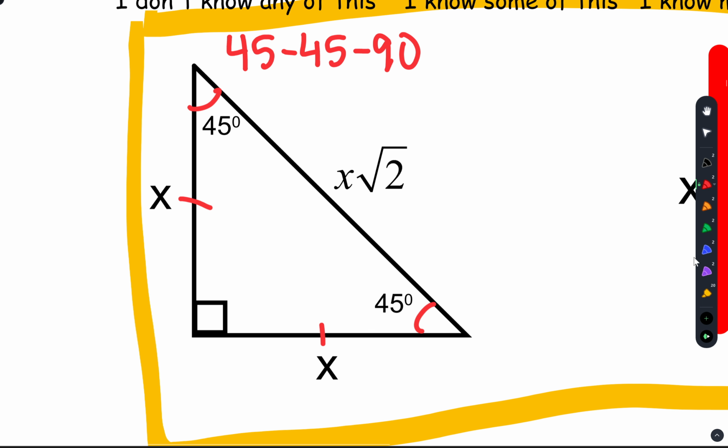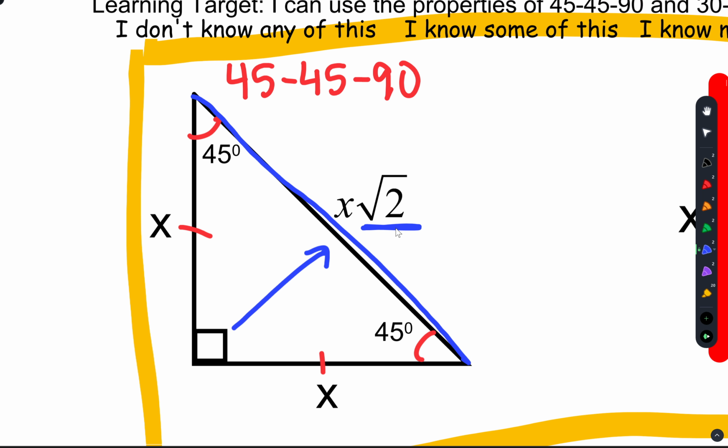The hypotenuse of my 45, 45, 90 degree triangle, which is always across from the right angle, is then whatever the value of our leg is, times radical 2. So that's kind of like our magic number for specifically 45, 45, 90, radical 2.